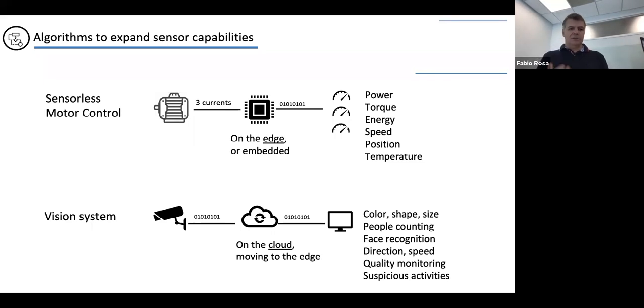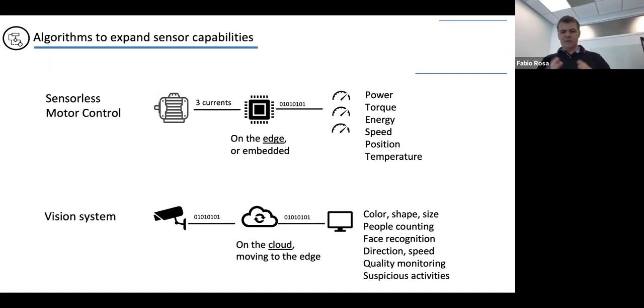So when I talk about the algorithm, what you can do with a combination, let's say IoT versus what we had in the past, I like to separate this in two ways, right? One is first, you can have your processing capability locally inside of a microchip. For example, when we talk about sensorless motor control, right?